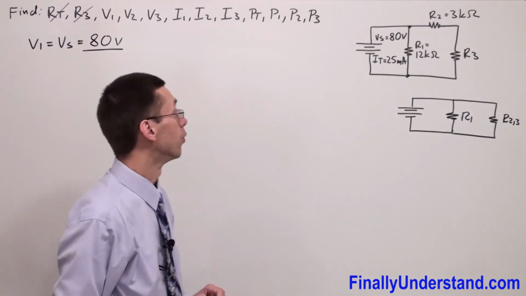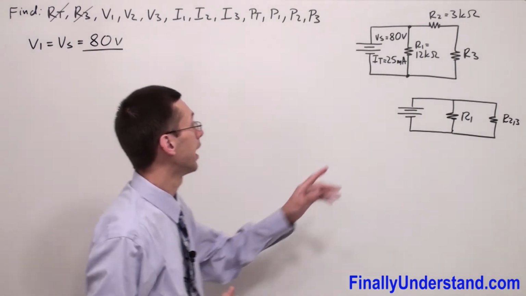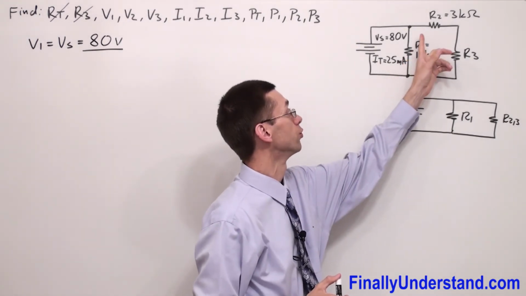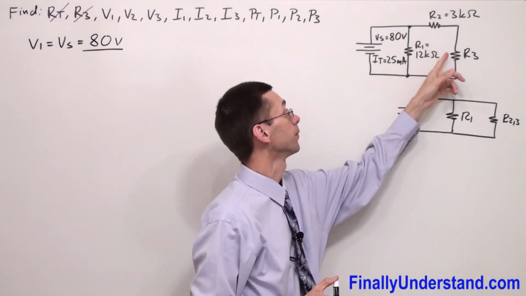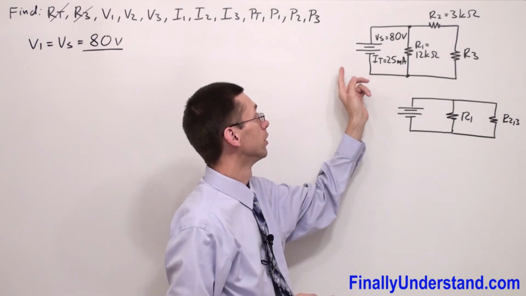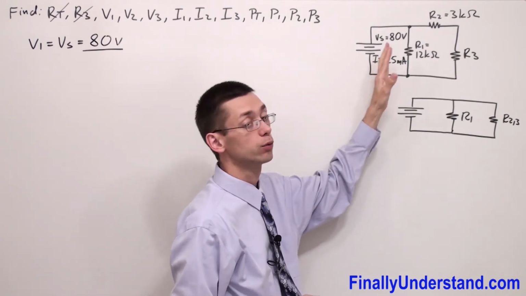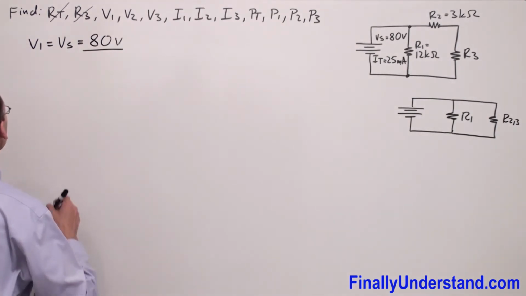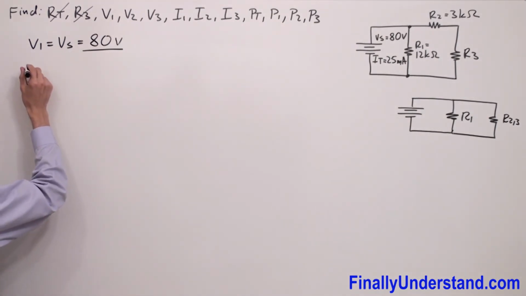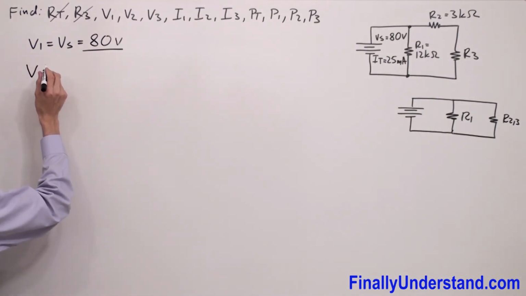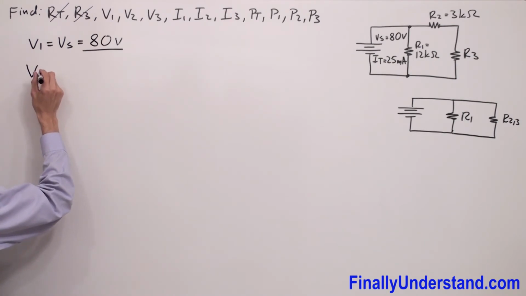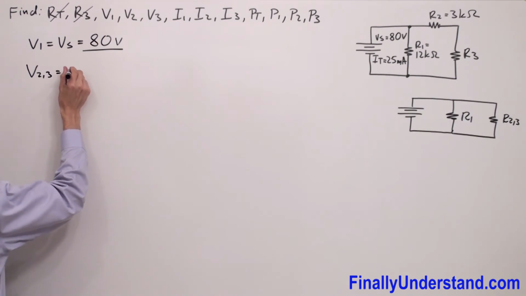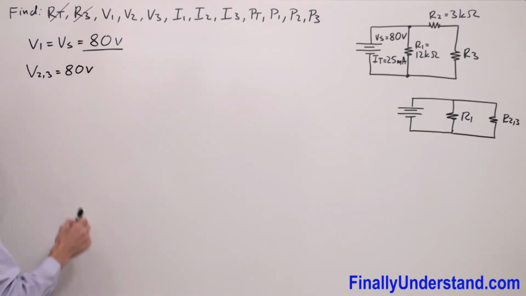Next, we are going to find the current which goes through these two resistors. Okay, we can use KCL, but we can also use Ohm's law. I'm going to use Ohm's law. So V23 we found is equal to 80 volts, right?